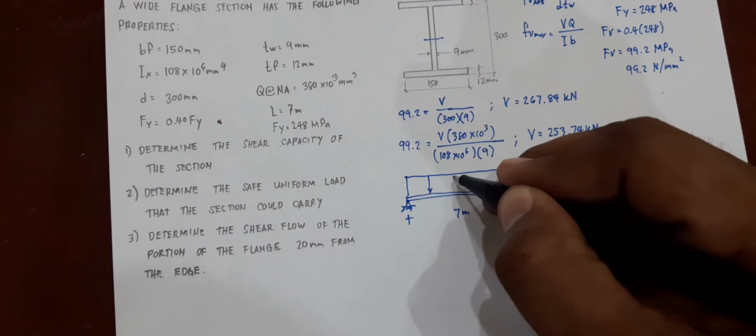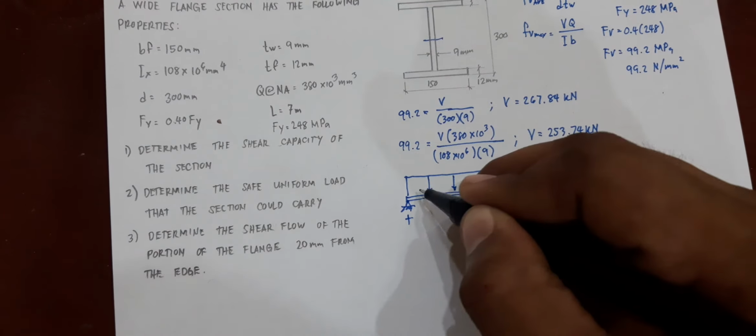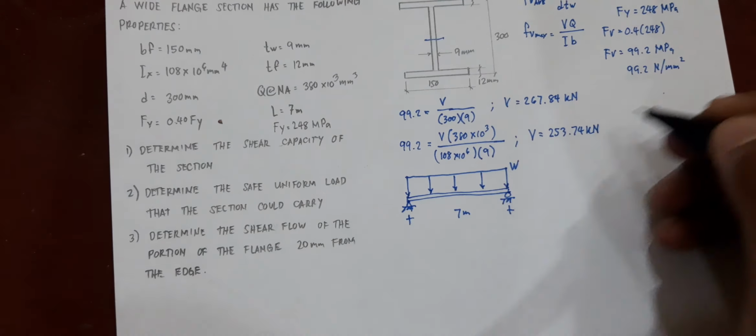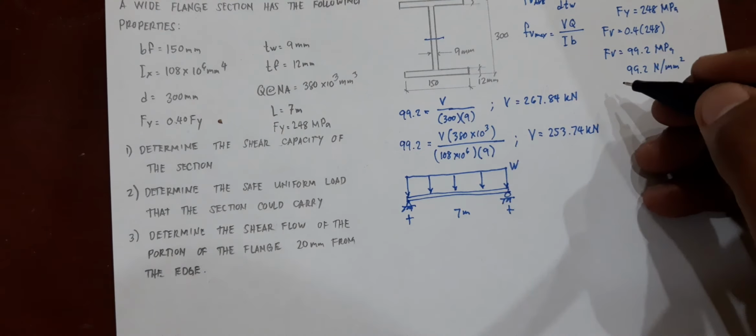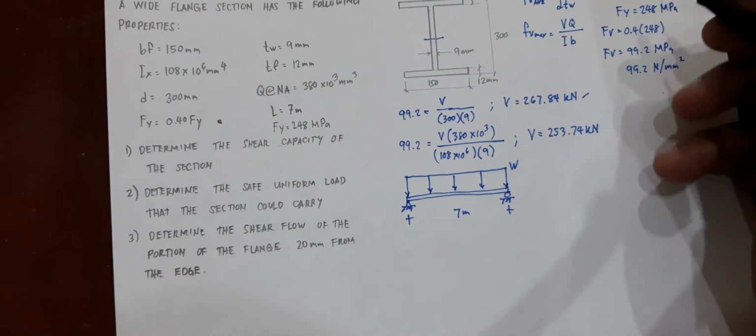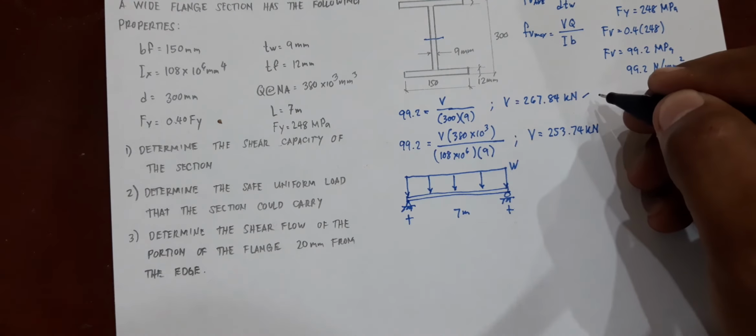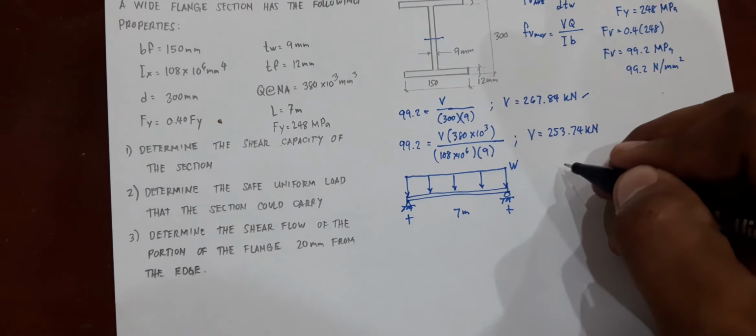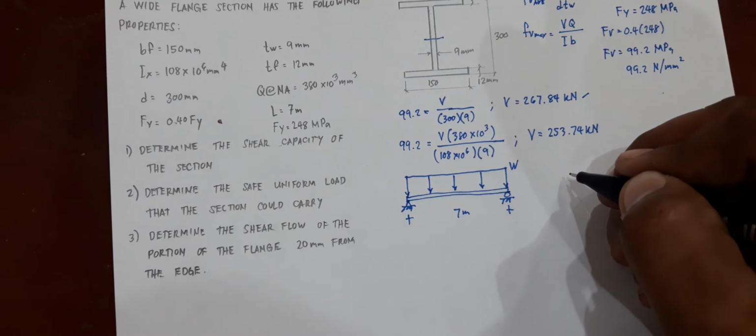Our objective is to determine the maximum value of W. So in this case, let's just take your maximum shear to be 267. So 267 as your maximum shear.